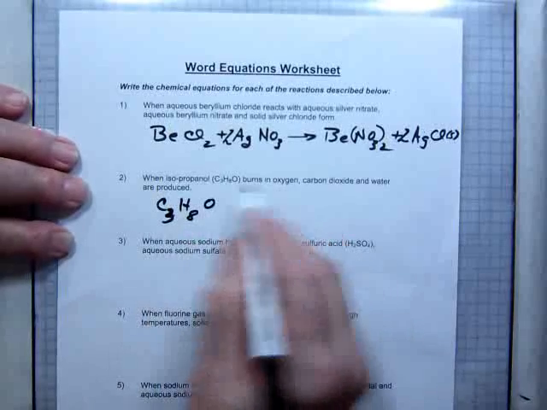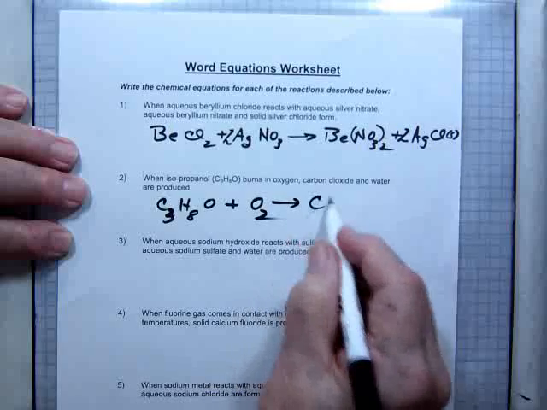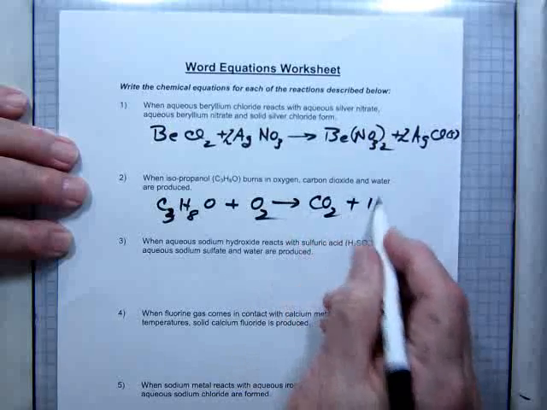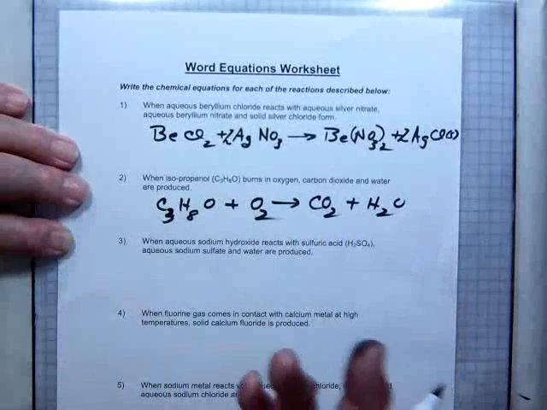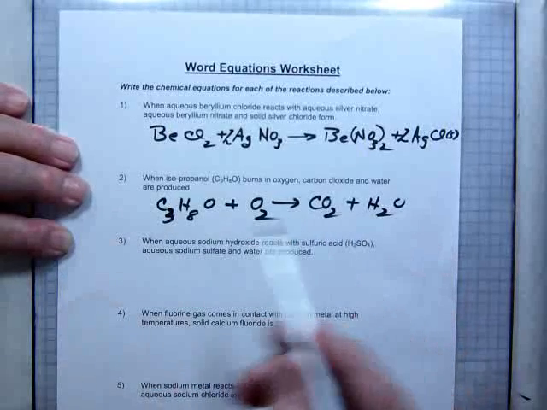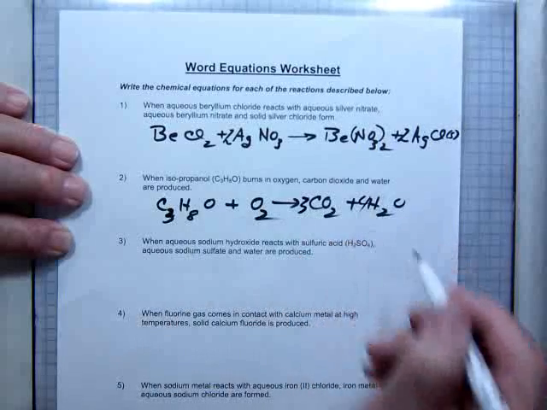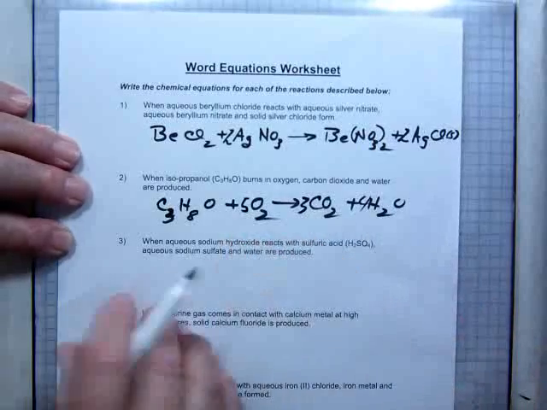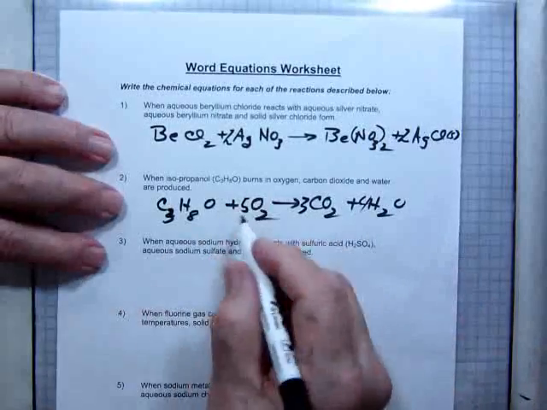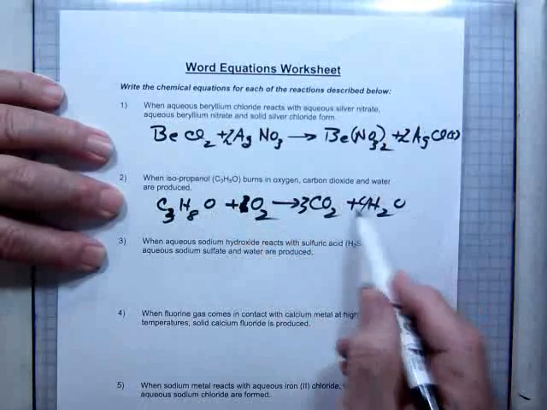It burns in oxygen, and carbon dioxide and water form. So this is one of those combustion reactions we were referring to, and it's an oxidation reduction, but I have 3 carbons, 8 hydrogens. 2 and 3 is 6, 7, 8, 9, 10. So I can put a 5 right there, and no, take that back. I've got 1 oxygen right there. 2 and 3 is 6, 7, 8, 9, 10.